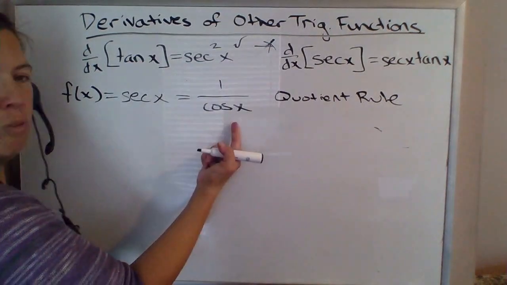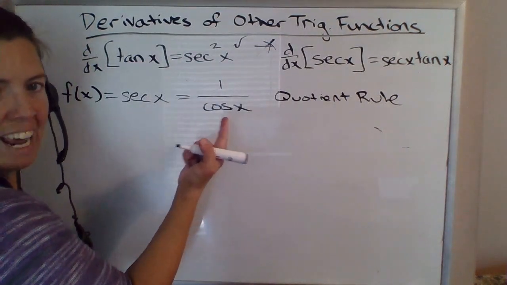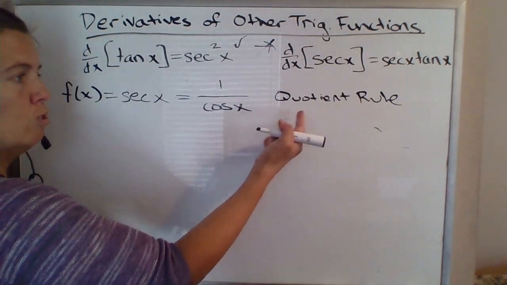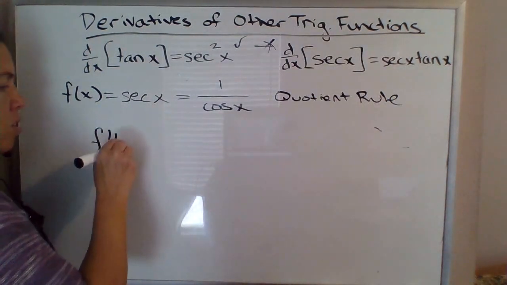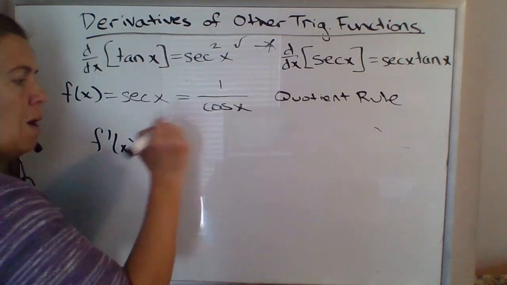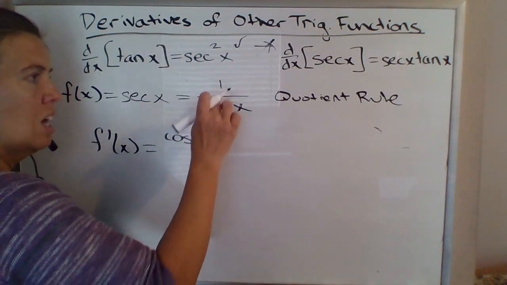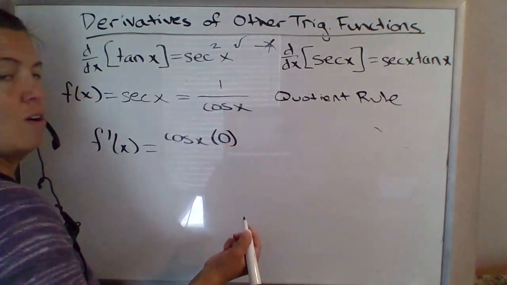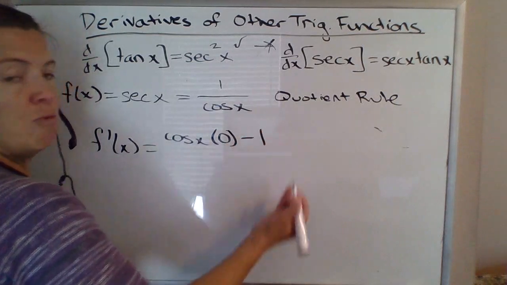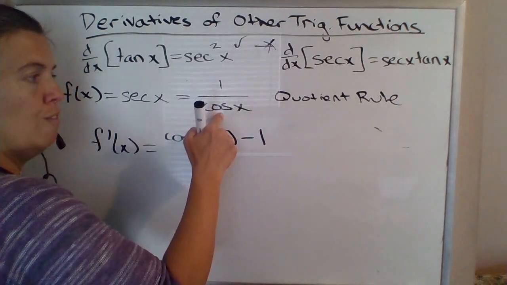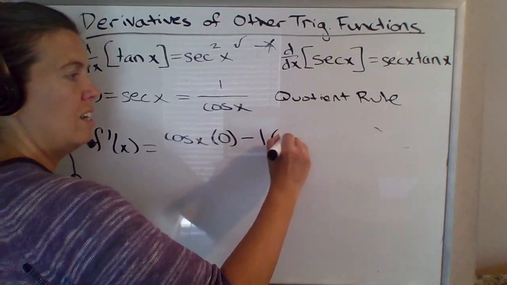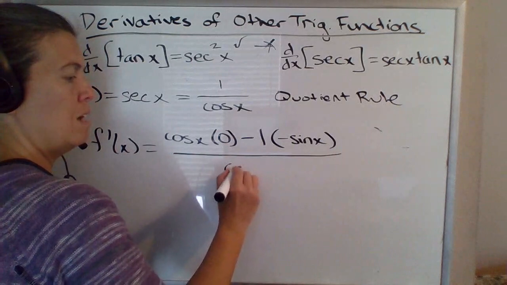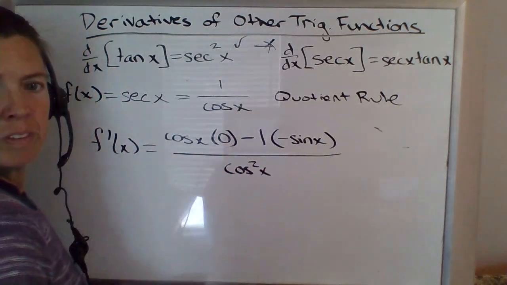And so again, I want to write it in terms of functions whose derivative I know. So quotient rule here. It's the bottom function times the derivative of the top. Well, if the top's just a number, then the derivative of the top is 0, minus the top function times the derivative of the bottom. Derivative of cosine is negative sine x. All of that divided by the bottom function squared.